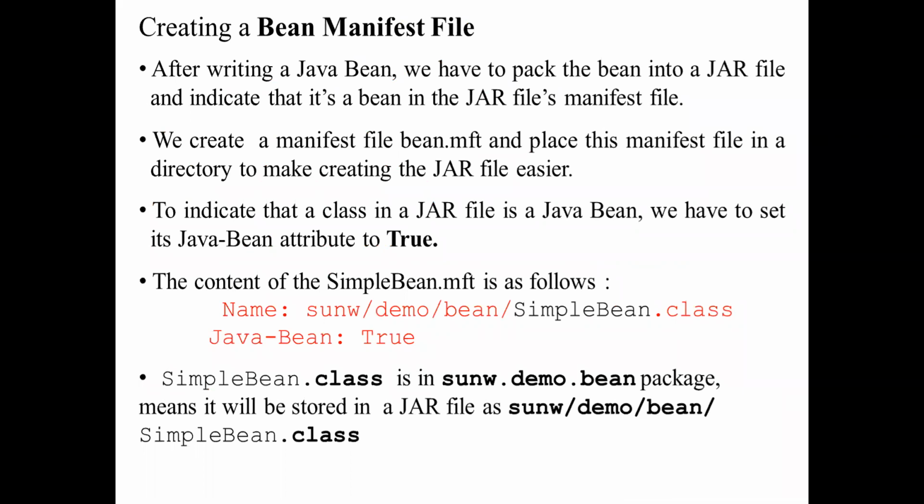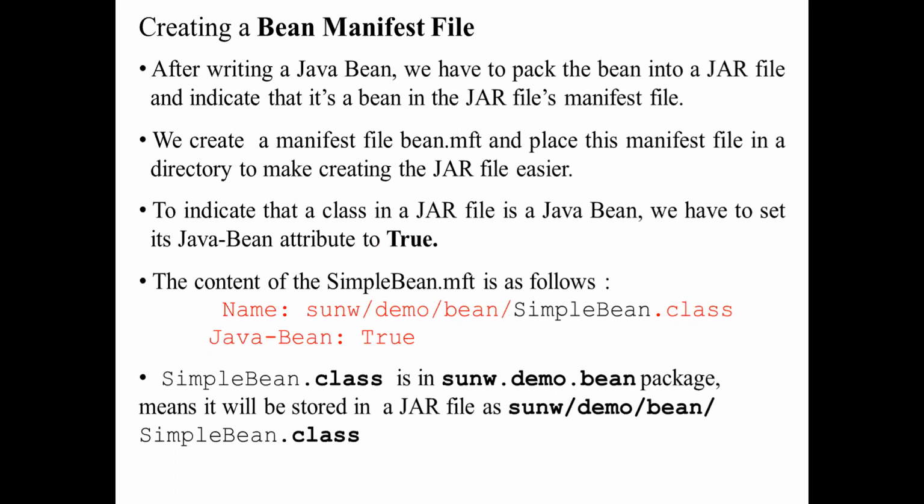So then we can move to create the bean manifest file. After writing the Java beans, we have to pack the bean into a jar file and indicate that bean in the jar file, that is the manifest file.